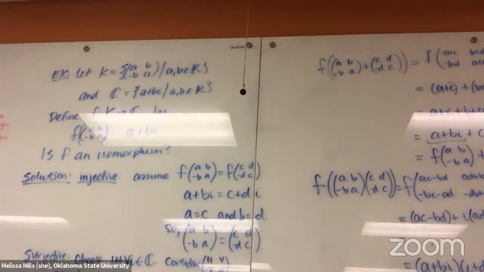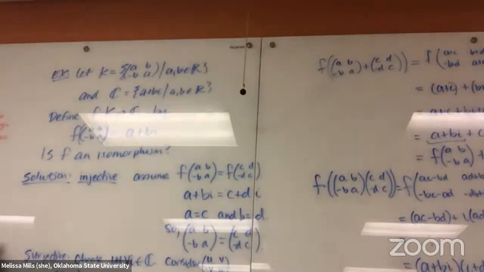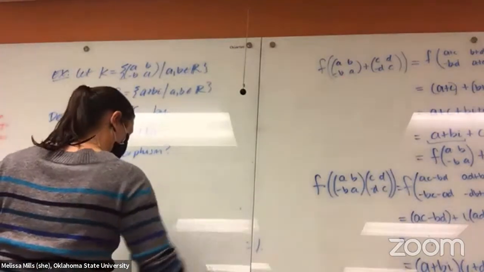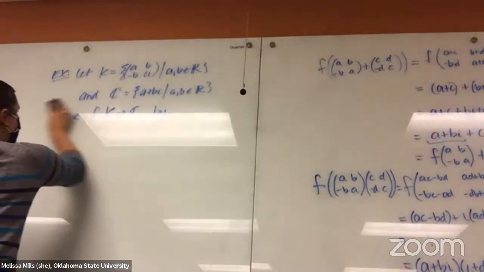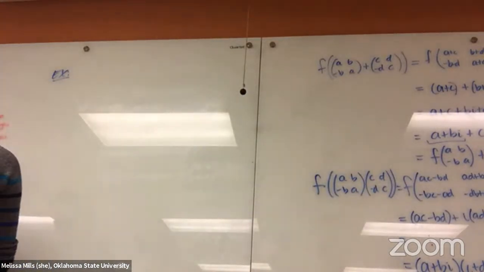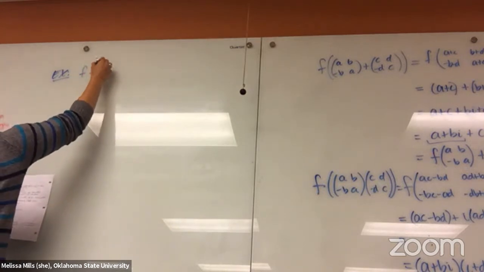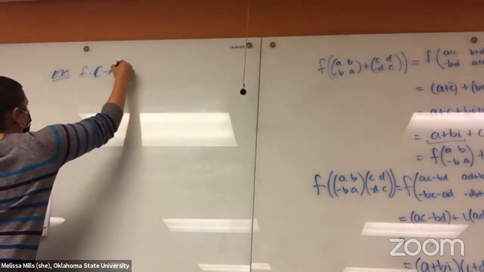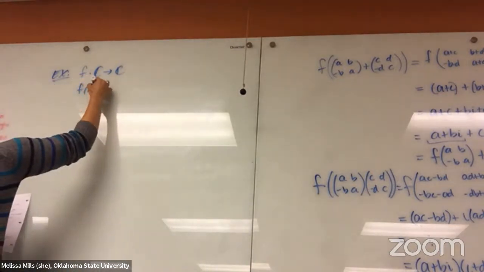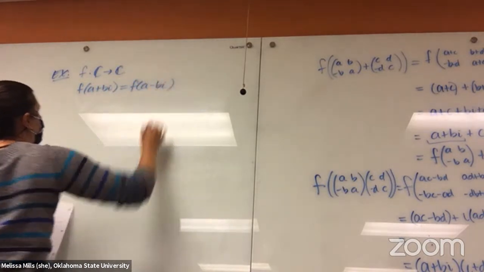Okay, so let's look at this one. Maybe I'll leave the definition there. What if we map, what if we view F from C to C, and we define it as F of A plus BI equals F of A minus BI.